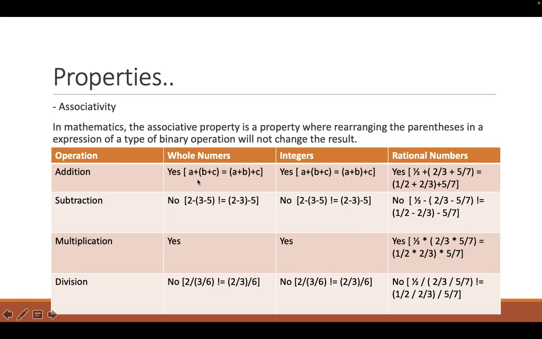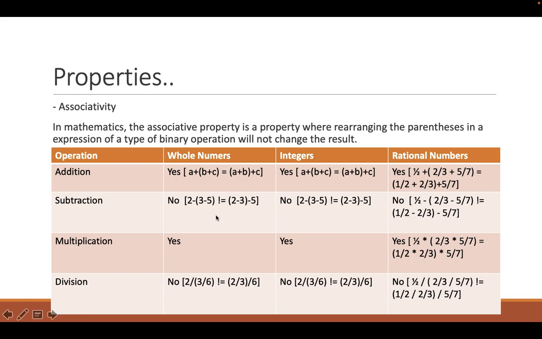Now, even though the bracket position changes, if the results are the same, then it is following this associativity property. For addition, whole numbers, yes. Integers also yes. Rational numbers also yes. They follow associativity property.